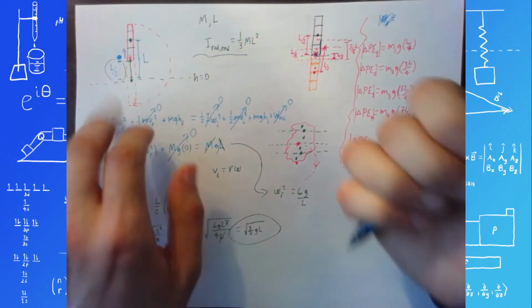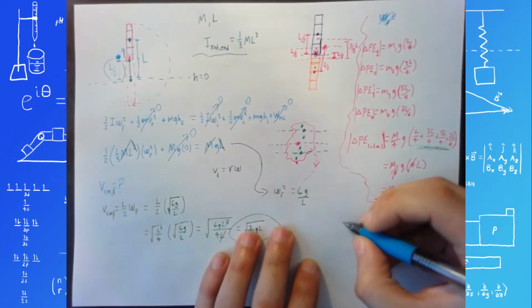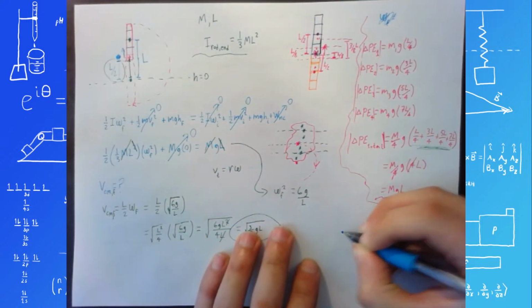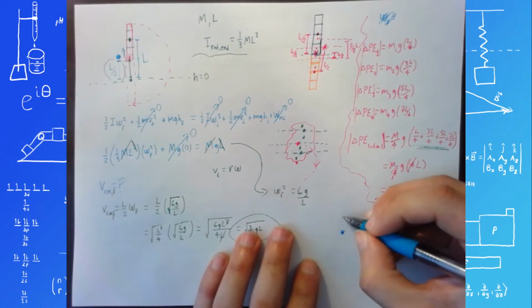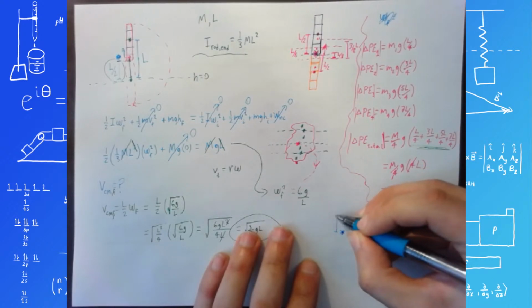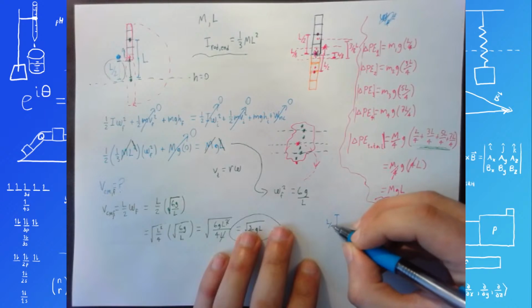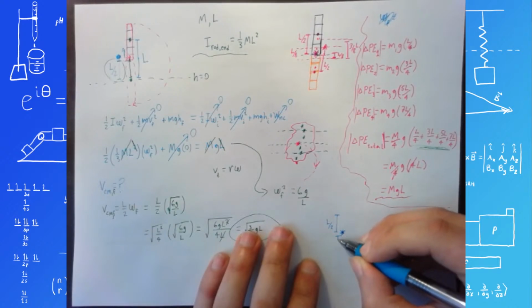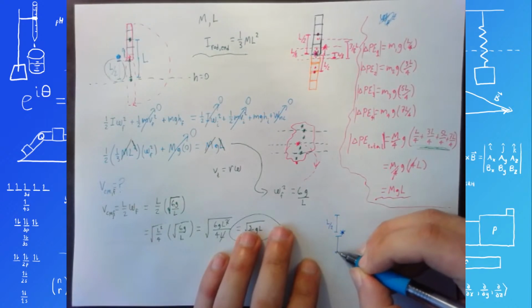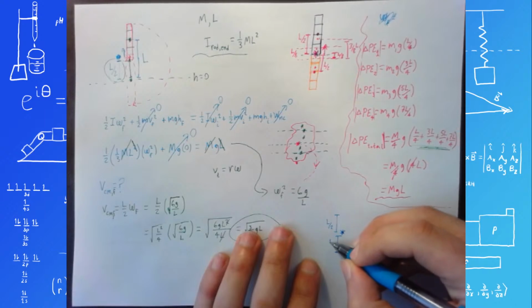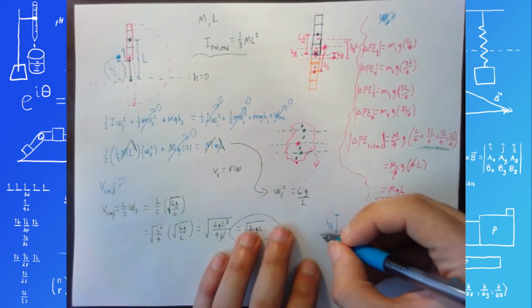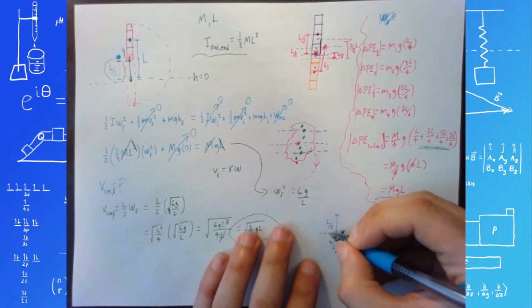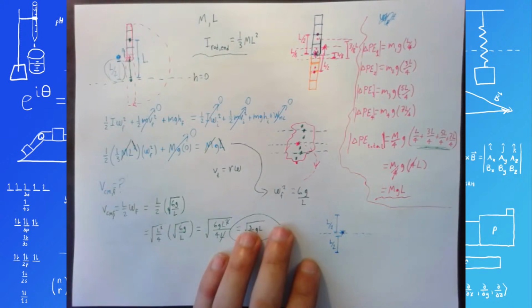Can we take this rod and, here's your axis of rotation again, treat it like an object that started at a height of L over 2 and traveled down to, I guess, negative L over 2 if you consider the position of the axis to be 0?